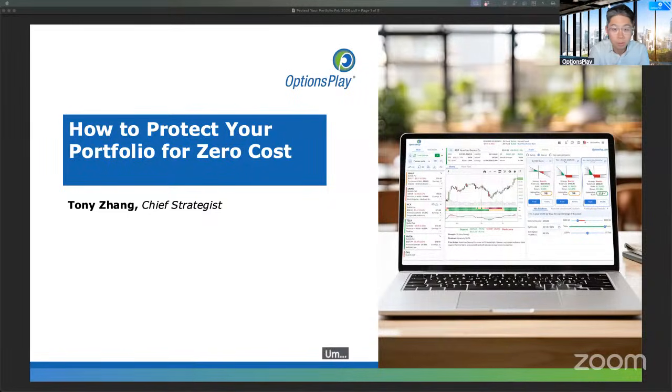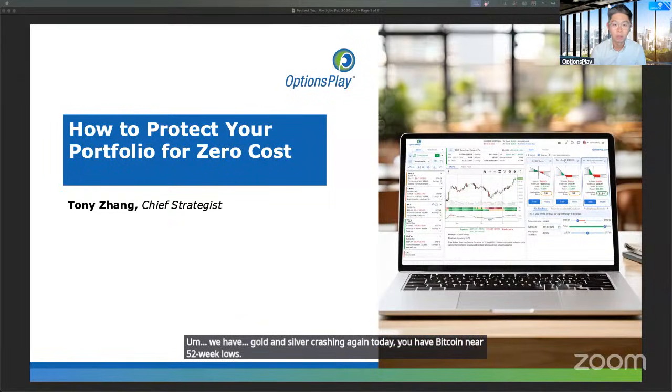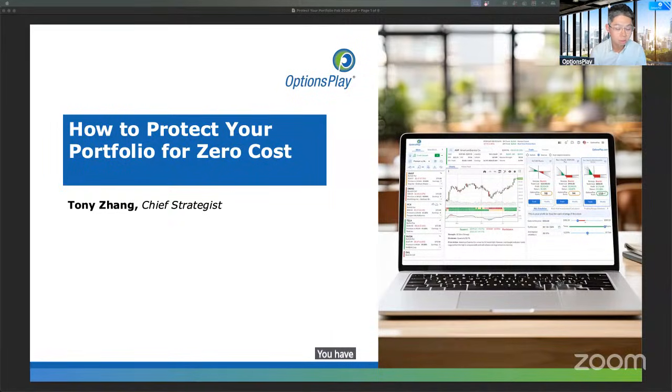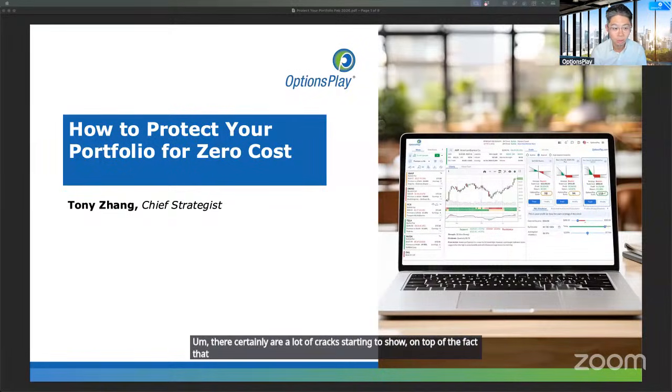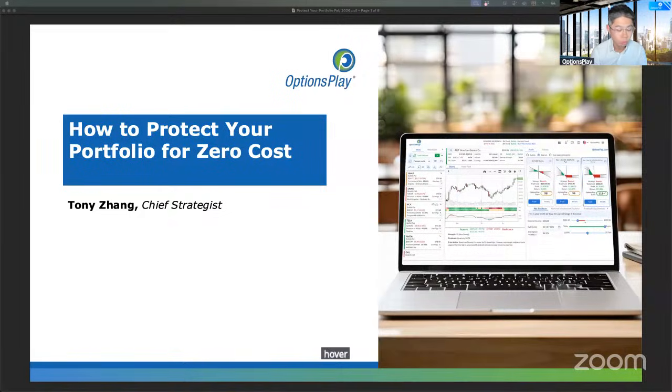We have gold and silver crashing again today. You have Bitcoin near 52-week lows. You have the tech stocks, specifically the software stocks, selling off across the board. There certainly are a lot of cracks starting to show on top of the fact that you have interest rates hovering above 4.2%, hovering around 4.3%.